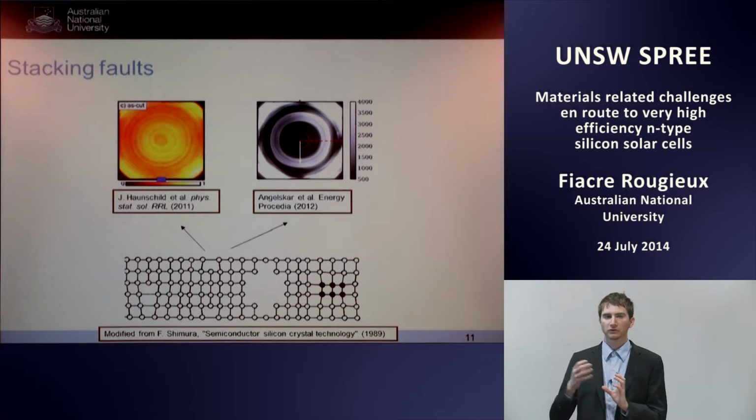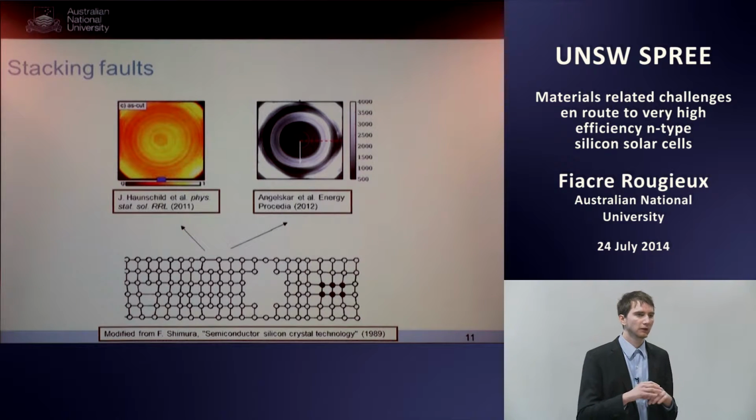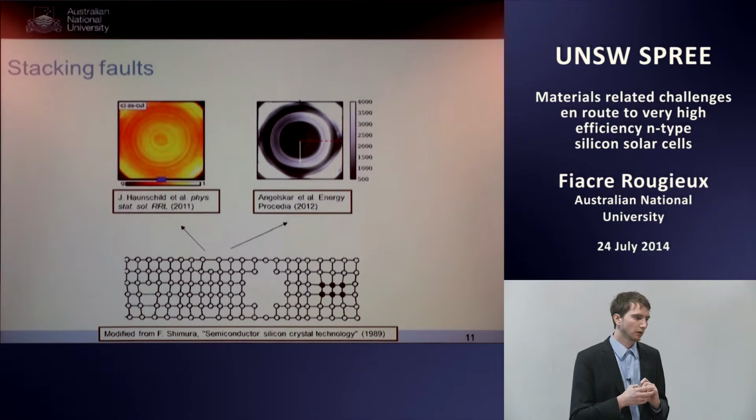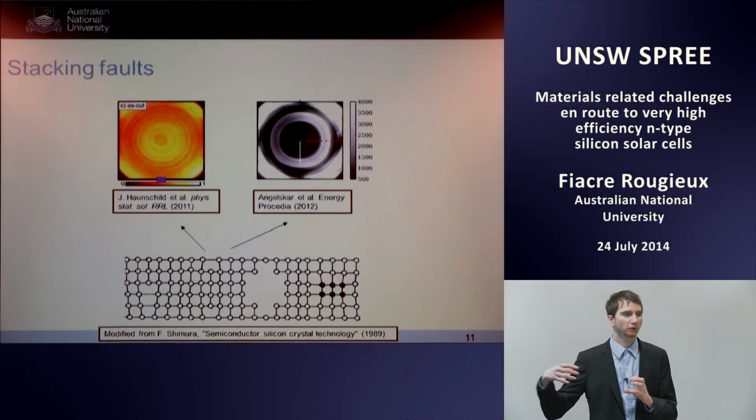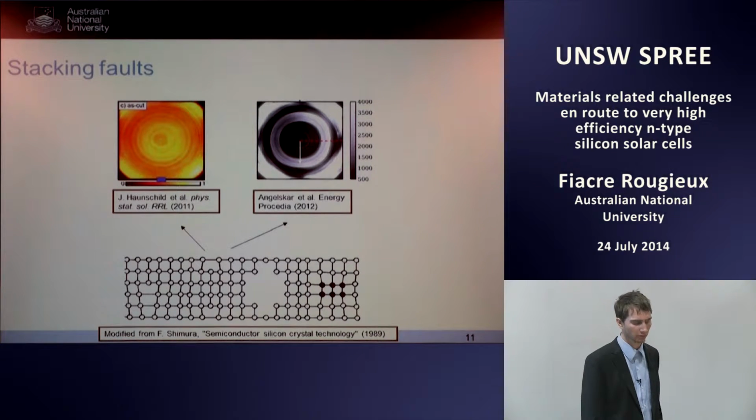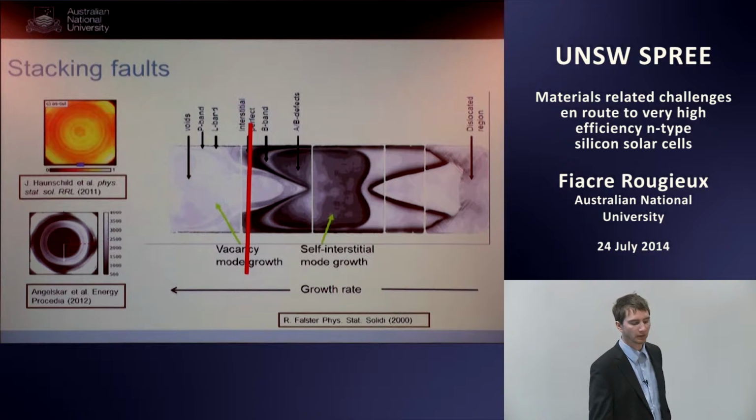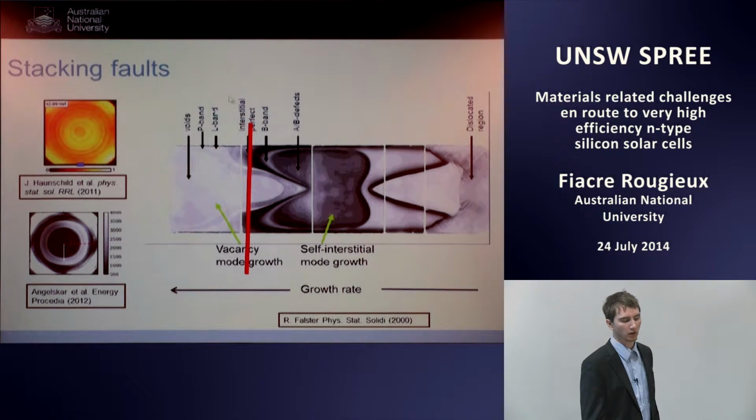So when we have oxygen precipitates, they build mechanical stresses on the lattice, and they generate those dislocations too. Those are stacking faults too. And typically we'd be around here in terms of growth rate. We'll be at intermediate growth rate.